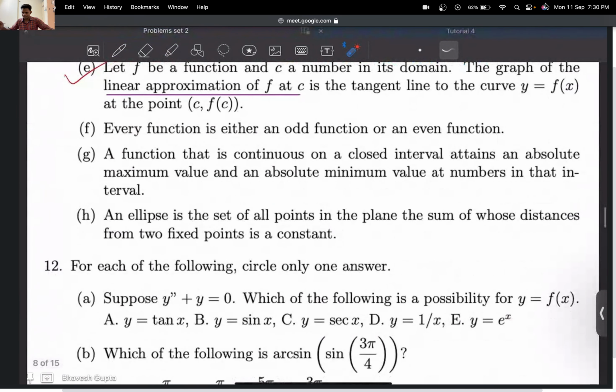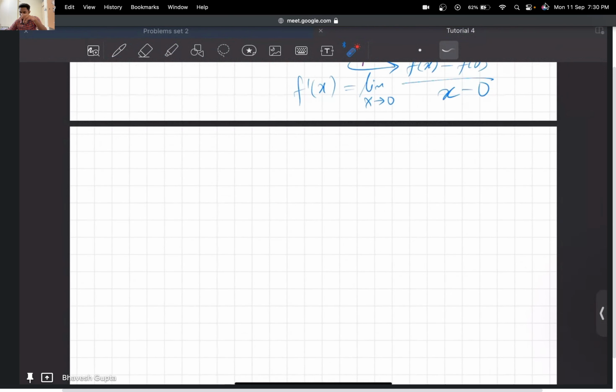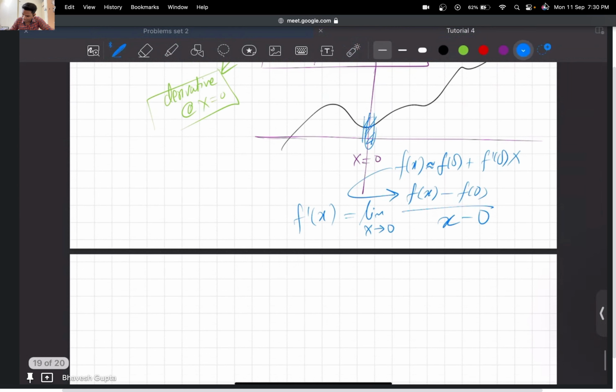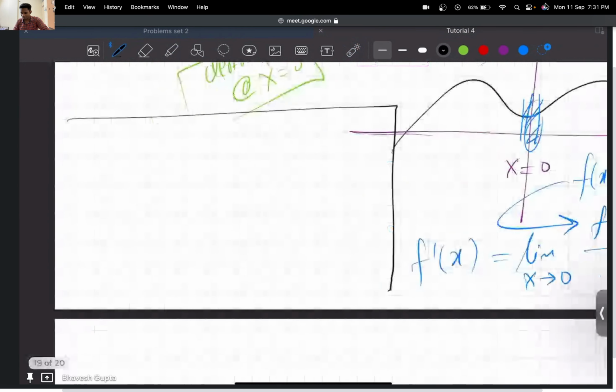Now the f part asks: every function is either an odd function or an even function. Is this true? First we need to understand what we mean by even and odd functions. Let me give you a clarification in case anyone has a doubt.